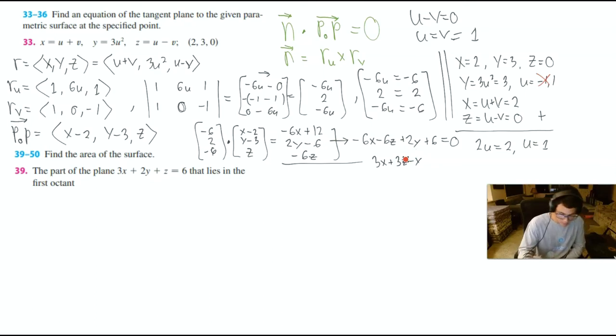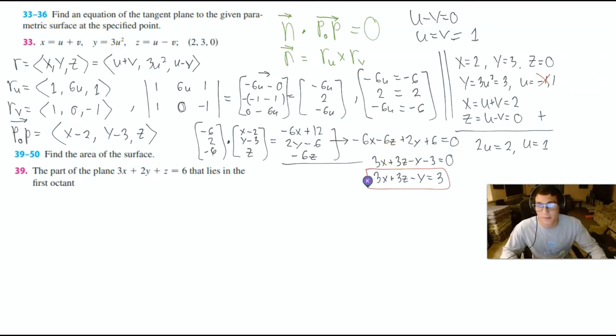Then plus 6 divided by -2 is minus 3. For some reason I can't divide by 2 tonight. Then you can make this look a little bit nicer: 3x plus 3z minus y is equal to 3. That's usually how you write it, and this is the answer you would submit.